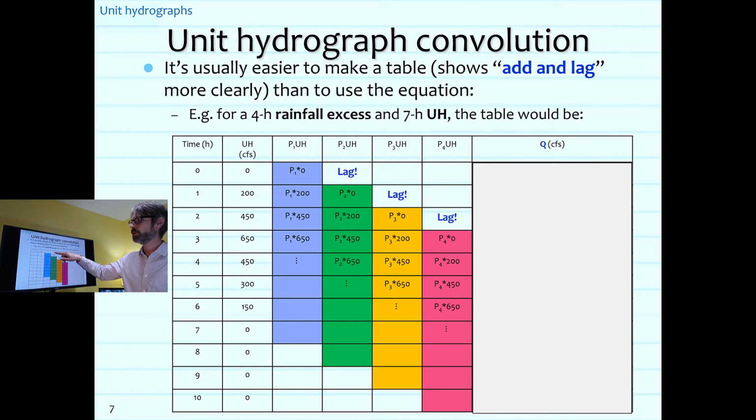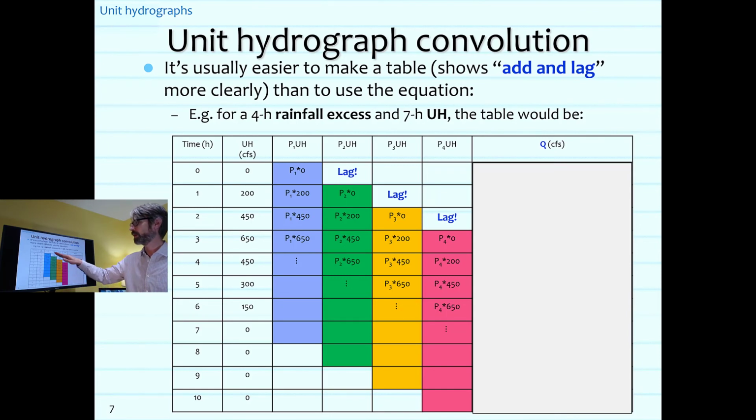For P2, precipitation in the second hour begins here. It doesn't begin at this point, it begins between hour 1 and hour 2. So P2 times 0, and then we fill in this way. Again, for P3, there's another hour's lag, so it starts 1 hour later. For P4, another hour's lag, so it starts again 1 hour later.